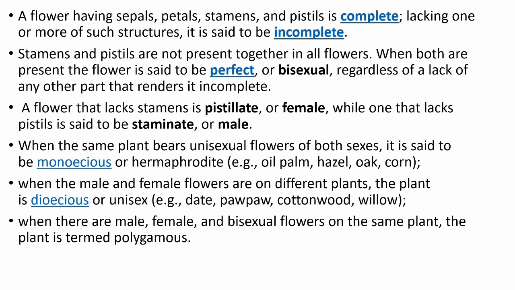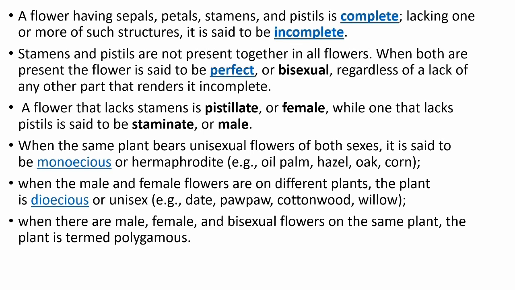All these are dioecious plants. Then when there are male, female, and bisexual flowers on the same plant, that is, some flowers are male alone, some are female, and some have both male and female structures on the same flower, such plants are called polygamous.